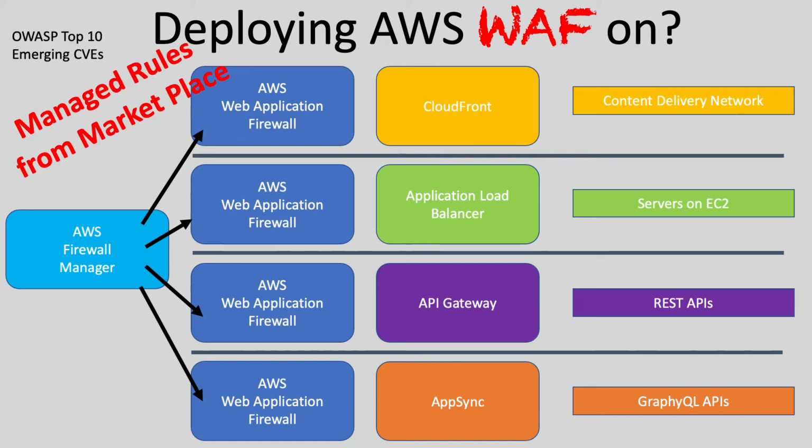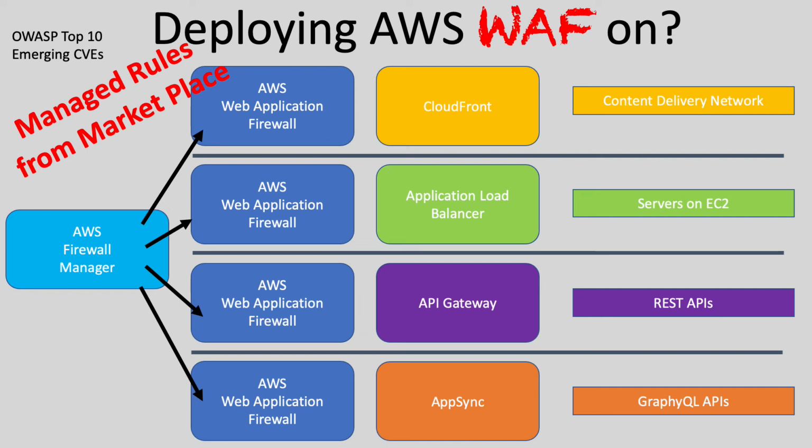A couple of things to remember here: when we look at the AWS WAF, these are managed rules. You can buy managed rules from the marketplace. There are a number of vendors that have a set of rules, for example the OWASP Top 10, emerging CVEs, things like that. There's a whole bunch of stuff available on the marketplace, and you can install these managed rules onto the WAF.